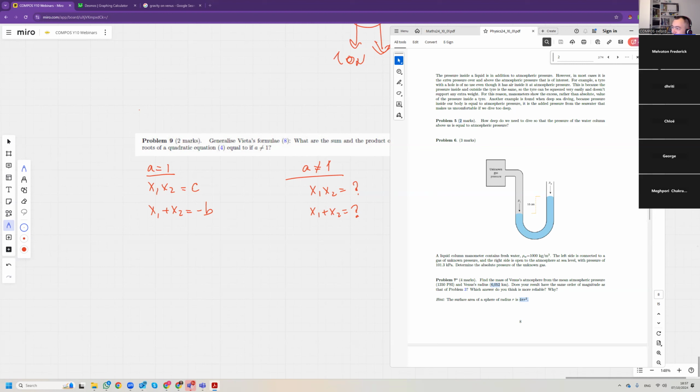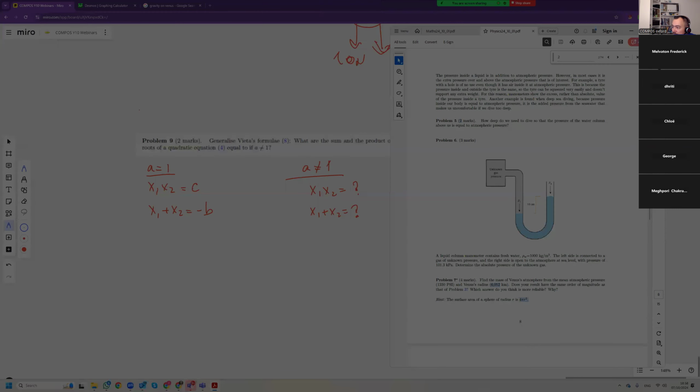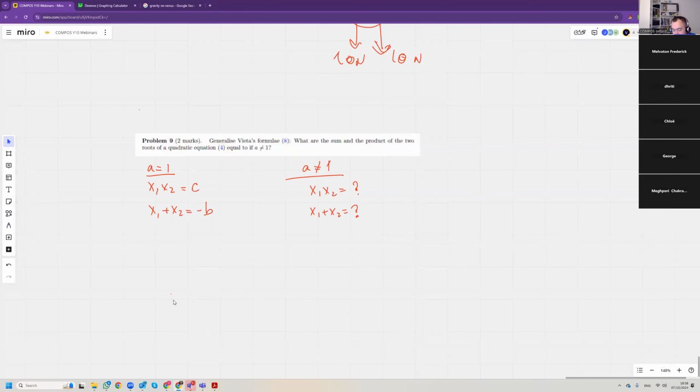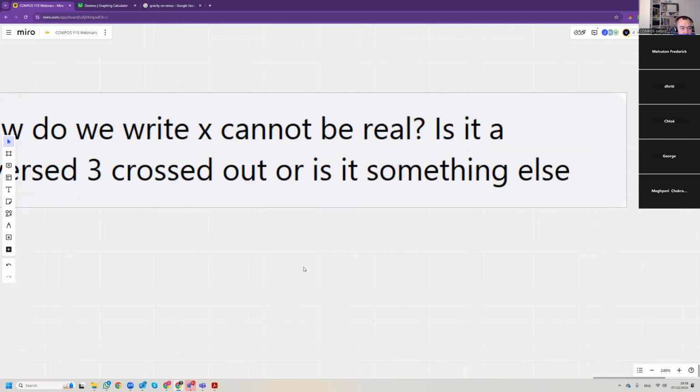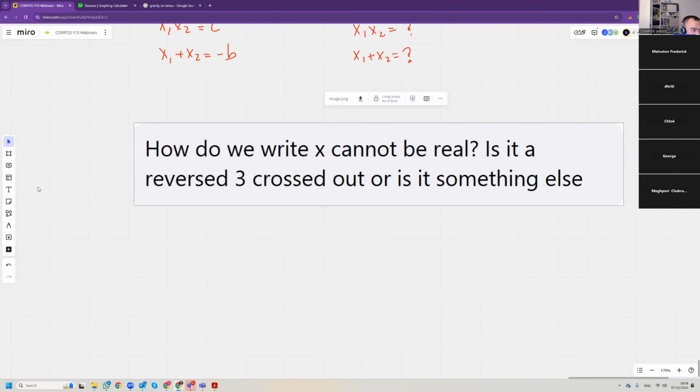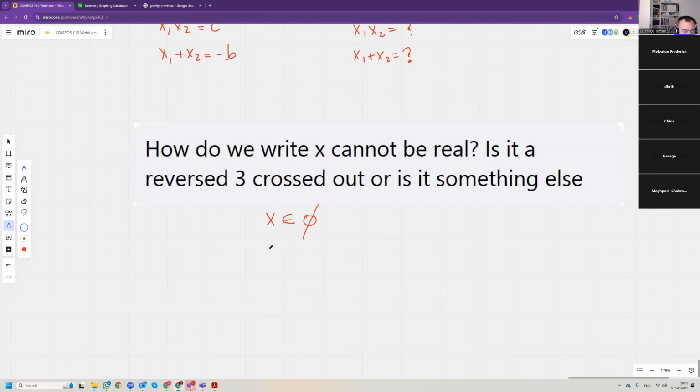How do you write that x cannot be real? That's a good question. You can write this: you can say that x belongs to an empty set. That's one thing.